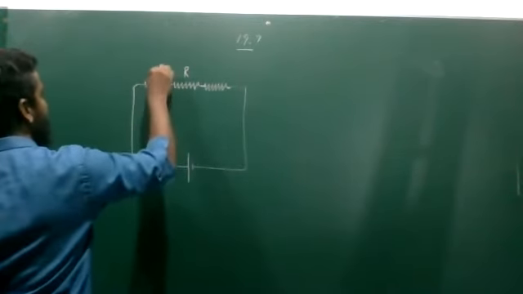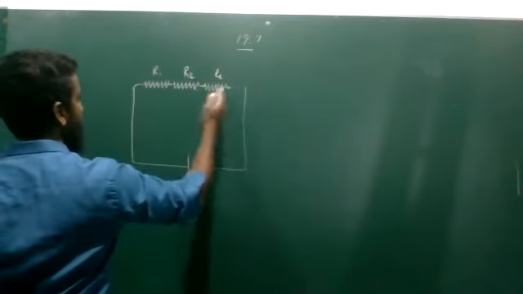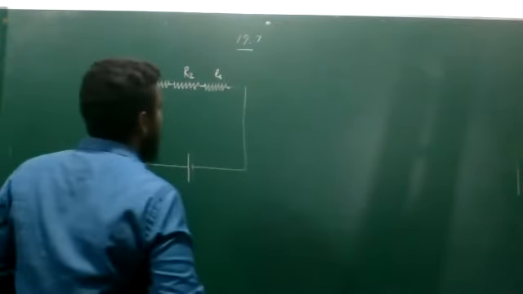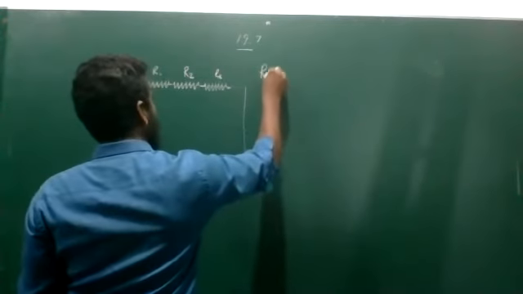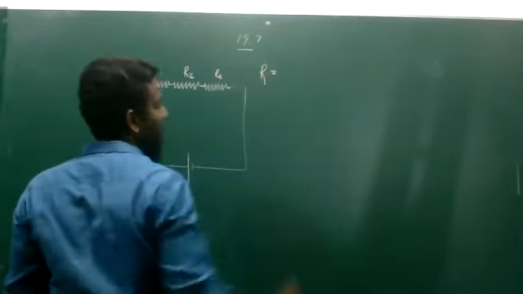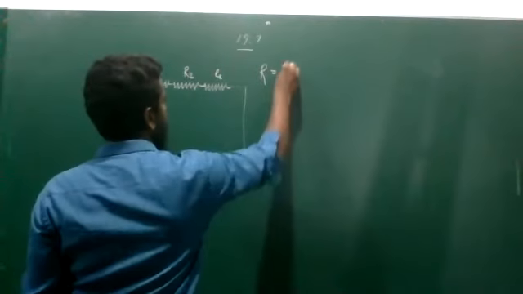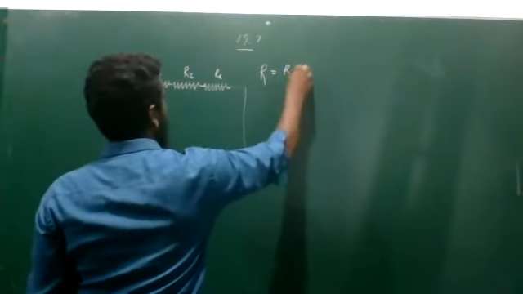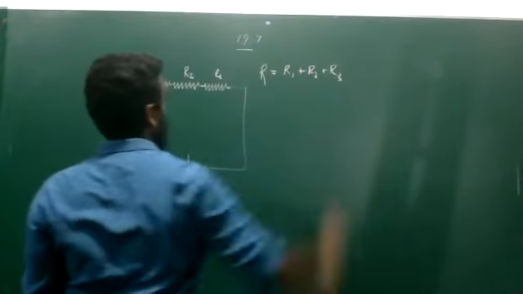If the resistances are R1, R2 and R3, the length is increasing. Because of the length increase, we can say the total resistance, or what we call the equivalent resistance, is equal to R1 plus R2 plus R3.